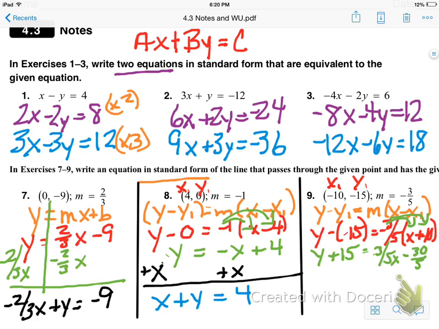Remember, we want to leave them as fractions. Don't change them to decimals. There's no need to. And then I need to subtract 15 from both sides.